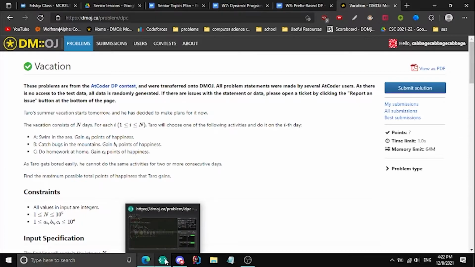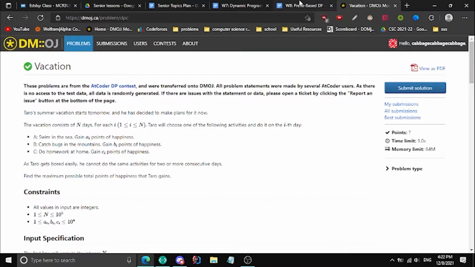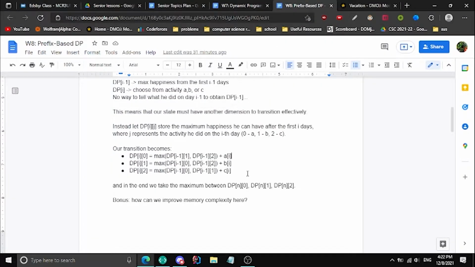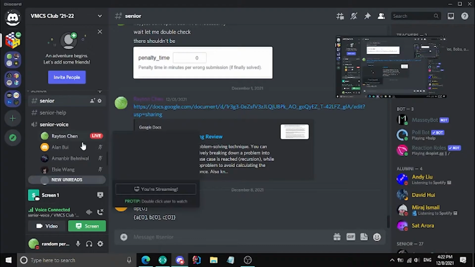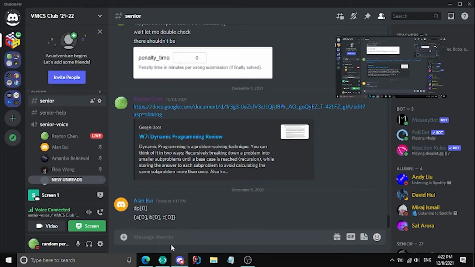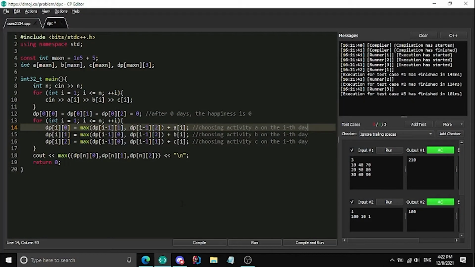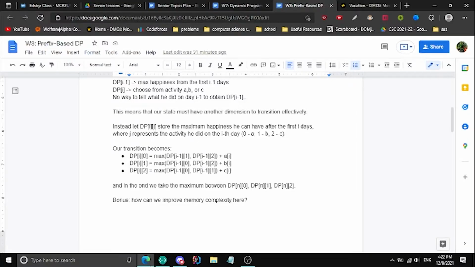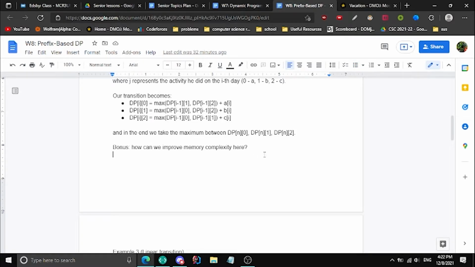Does anyone have any questions about how we solve this problem with DP? Okay, so I did put here bonus, how can we improve memory complexity?